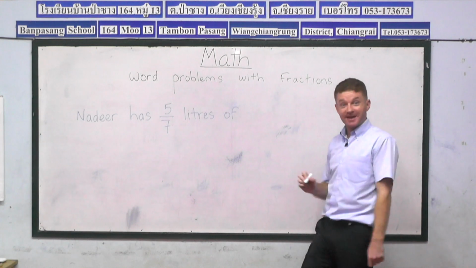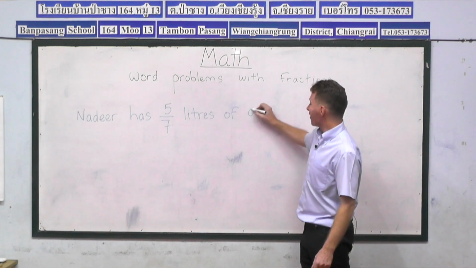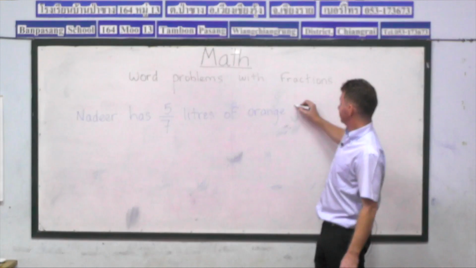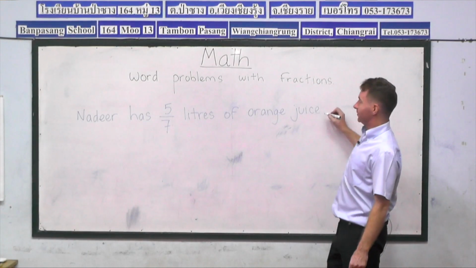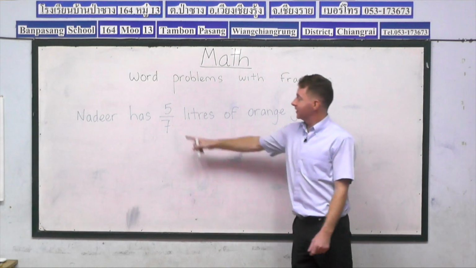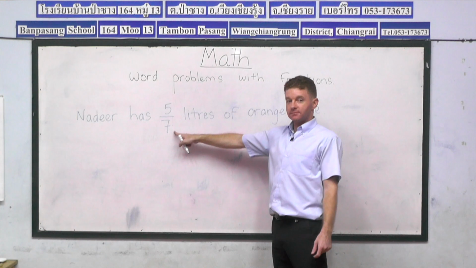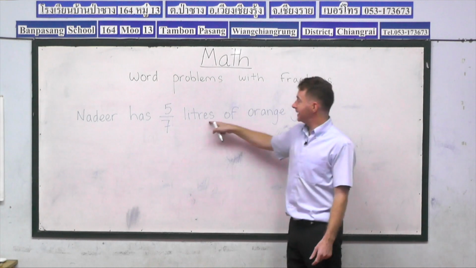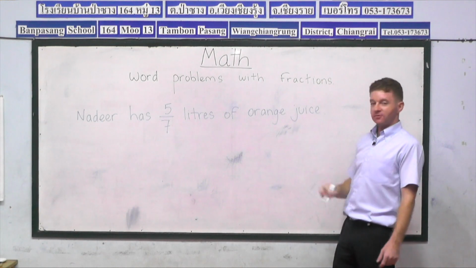I was about to say orange juice, of orange juice. Okay, so all together, guys, Nadia has 5/7 or 5/7 litres of orange juice.